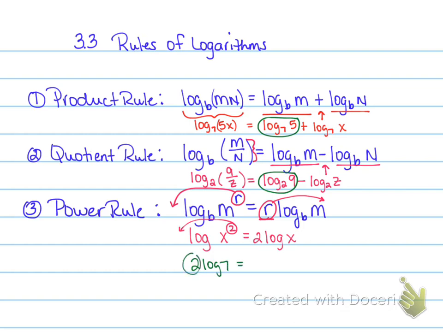Then I could take this 2 and move it over here. So that's the log of 7 squared, which I could actually even simplify more. So that's log of 49. And so those are your three main rules for logarithms.